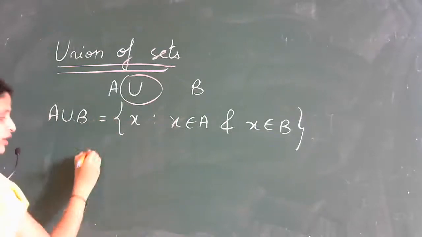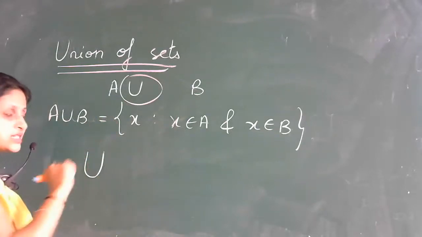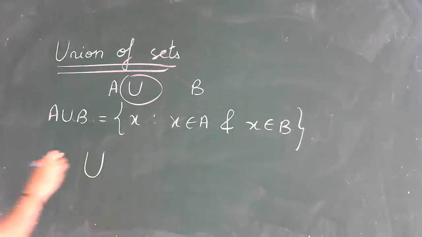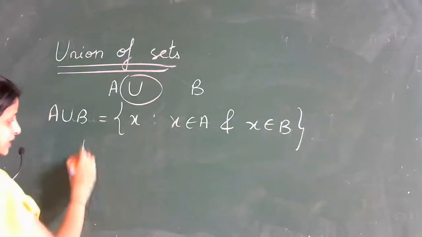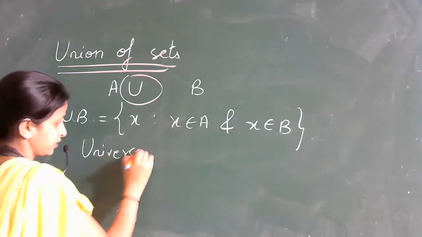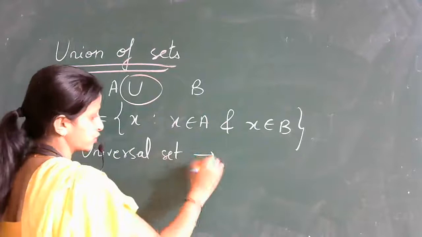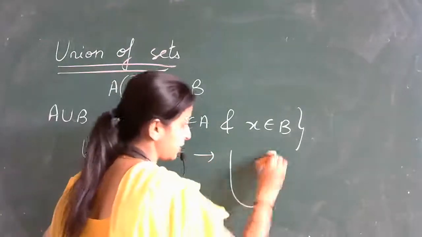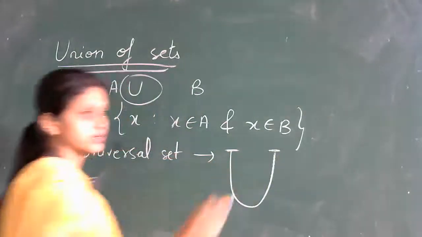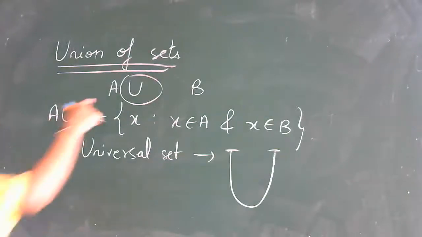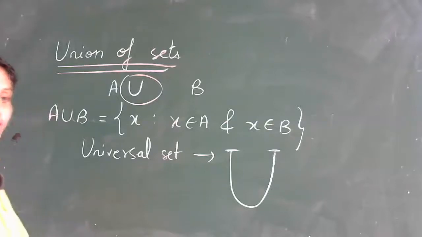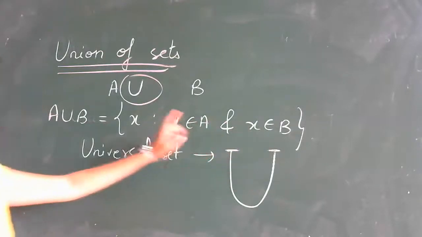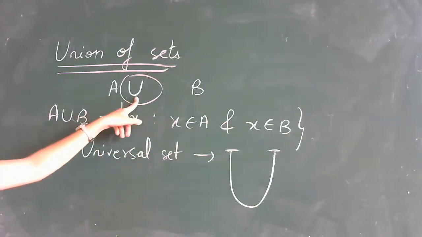The universal set also you are denoting by capital U. For the universal set, just for no confusion with you all, denote it like this, capital U with this. And for union, it is just simply capital U. Okay? Just for no confusion. Universal set, you denote it like this. And for union, you make it a simple capital U.